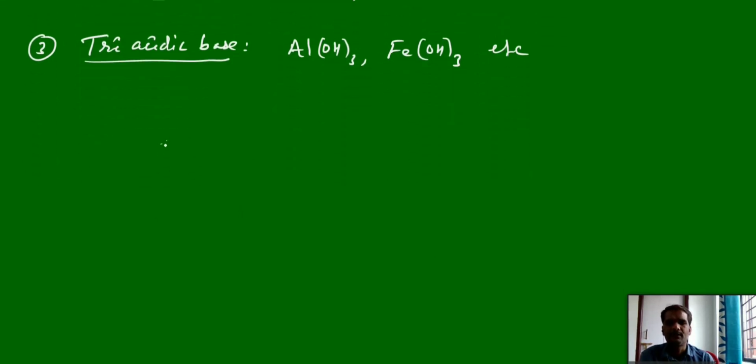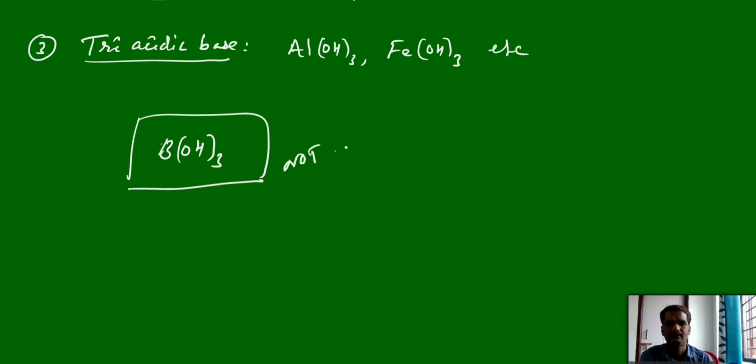If I take one more compound like this, what is the basicity of this compound? B(OH)3. Again it looks like a triacidic base, but first of all it is not a base. What is this compound? B(OH)3 is boric acid only.